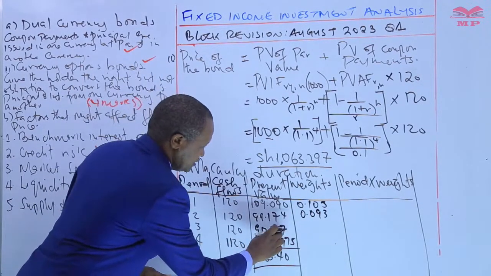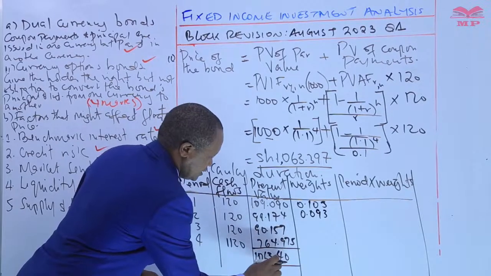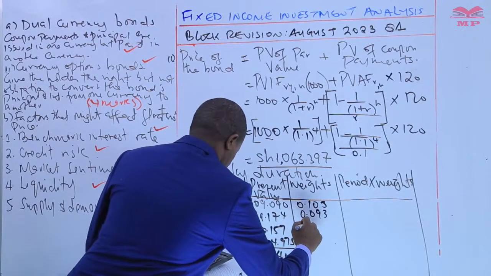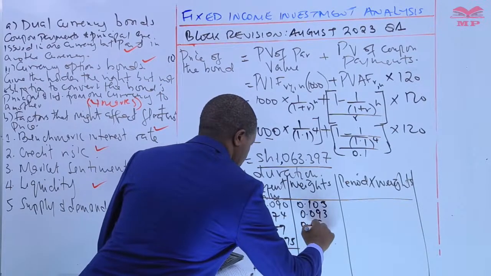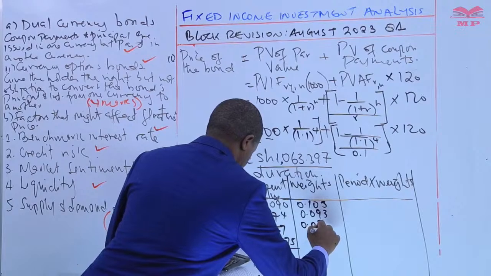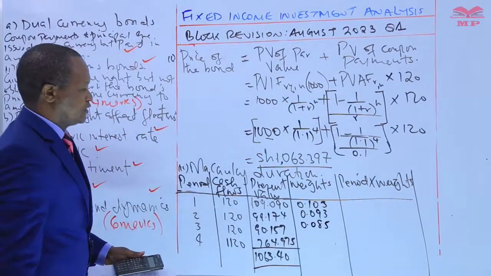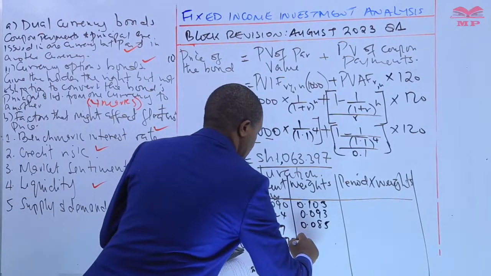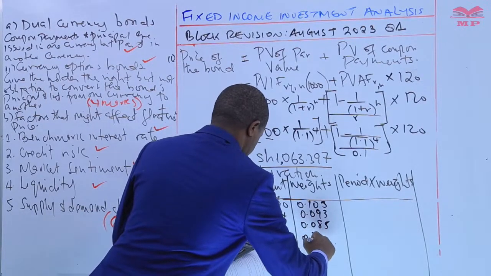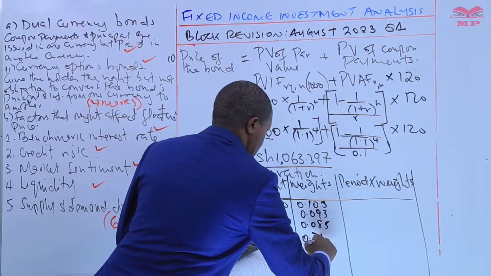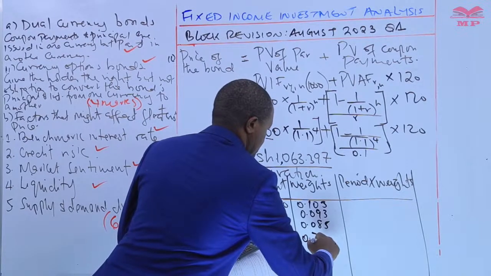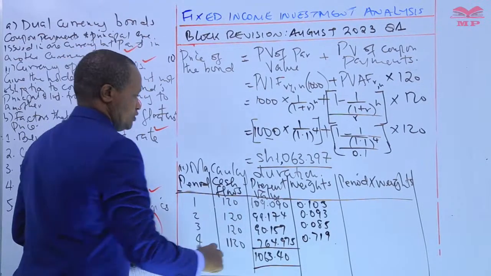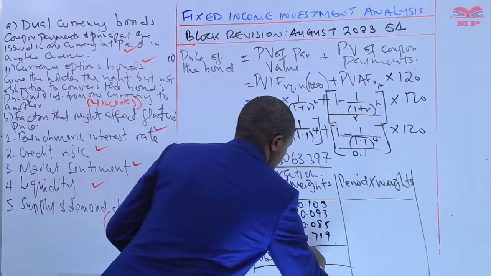Next is 90.157 divided by the total, which gives 0.085. Then lastly, this is 0.719. Yes, so this should give us 1.0.